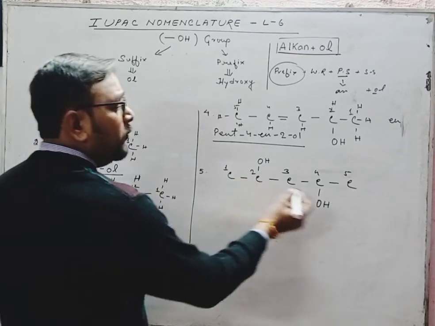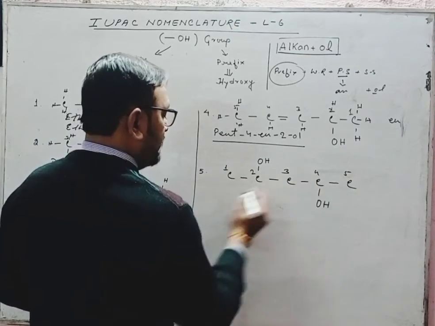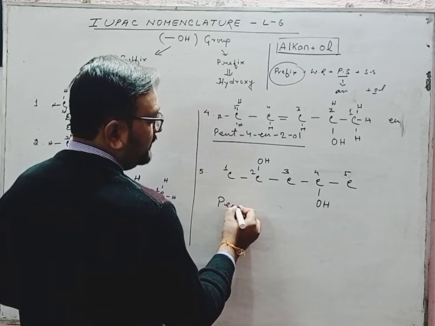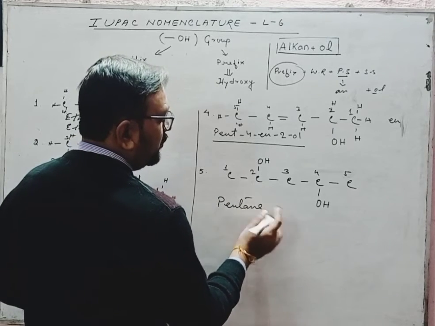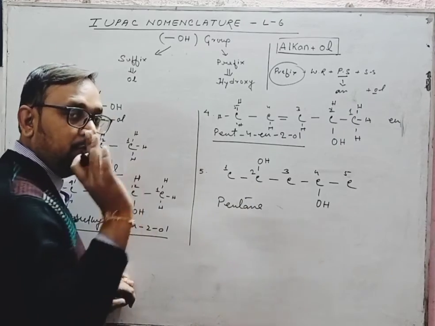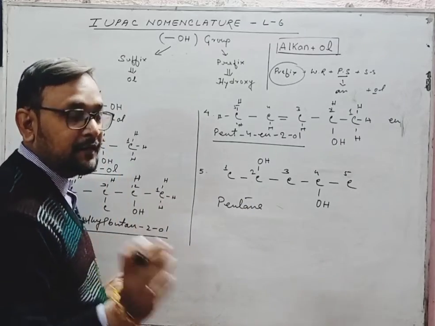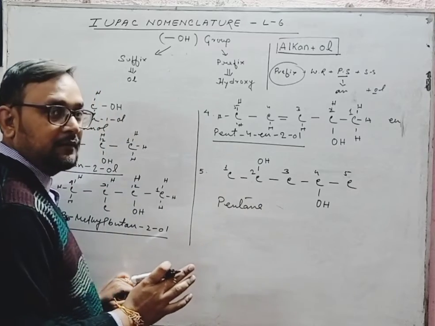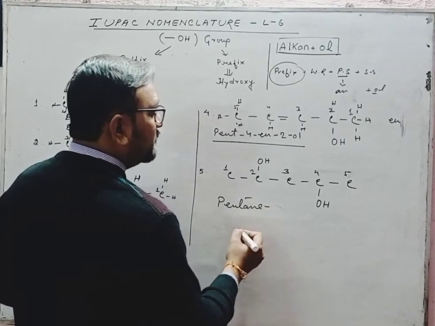So what is the word root? Meth, eth, prop, but, pent. So I'll write pentane. See, I have not dropped the e. The e is still there. I did not make it pentan; rather, I am using pentane. Clear? Now what is the position?